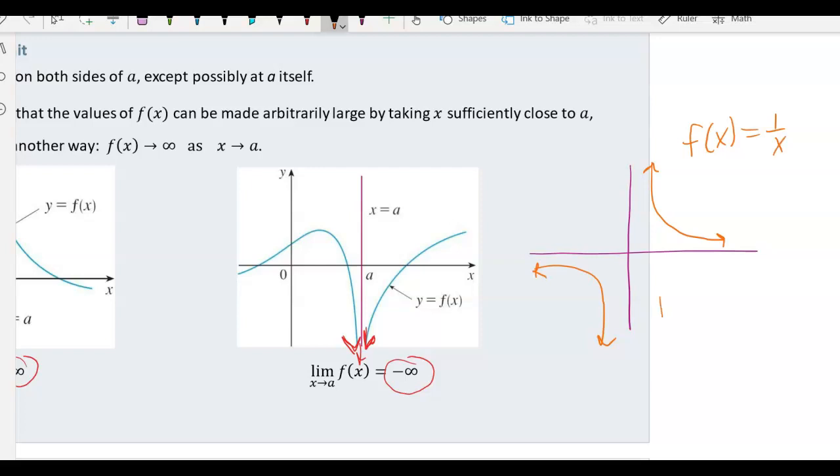If I want to know what the limit as x approaches 0 is of that function, I can say that it doesn't exist because from the left-hand side, the function is going down to negative infinity, but from the right-hand side, it's going up to positive infinity. Because they're not approaching the same either positive or negative infinity from both sides, the limit doesn't exist.